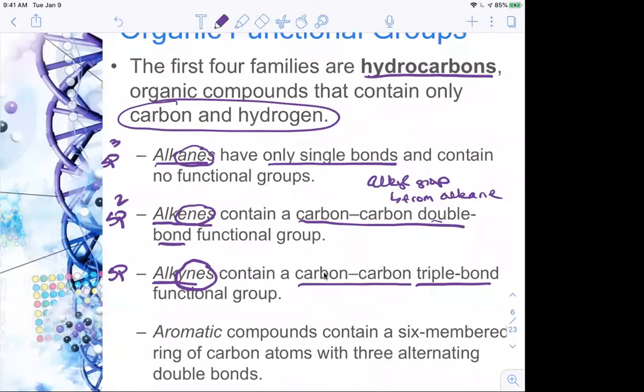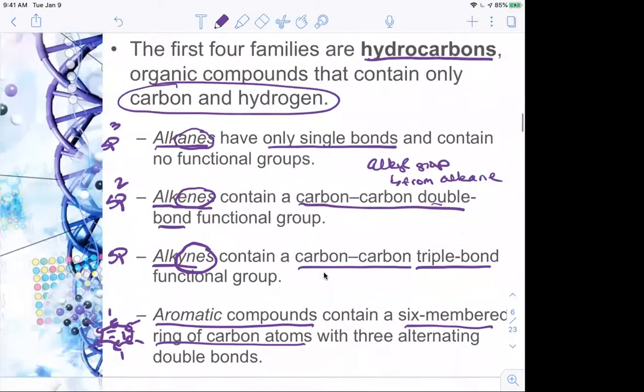Then I have aromatic compounds, which have this 6-membered ring of carbon atoms with alternating double bonds. So I have this feature in the aromatic compounds that we're actually going to be talking about. This is just carbons that I haven't really drawn in, like on the slide previous to this.